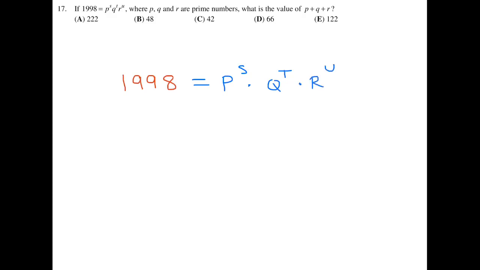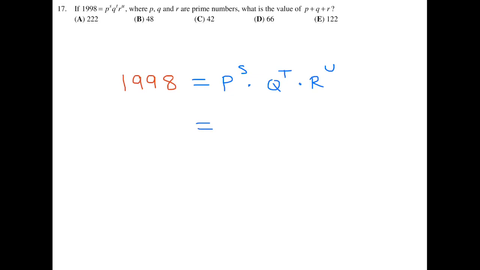I like using capitals. It just makes it a little more confusing, because otherwise the T looks like a plus symbol or something. Anyhow, so now what we have to do is factor 1998 into its prime factors.